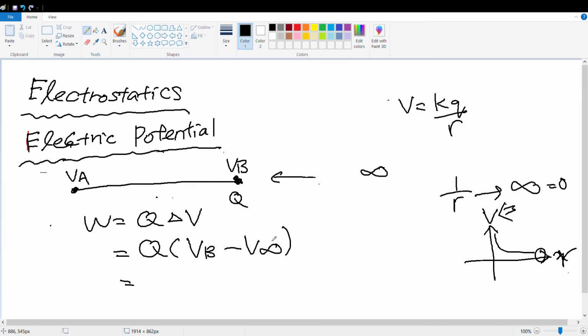V infinity is 0, so VB minus 0. So what I have is QVB. So this one is positive, and the previous formula, which is to move the charge from point B to infinity, is negative.